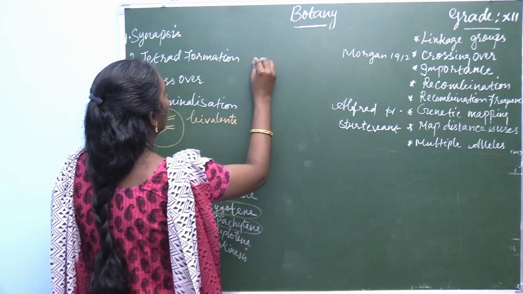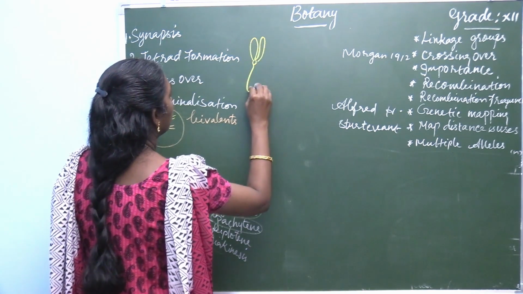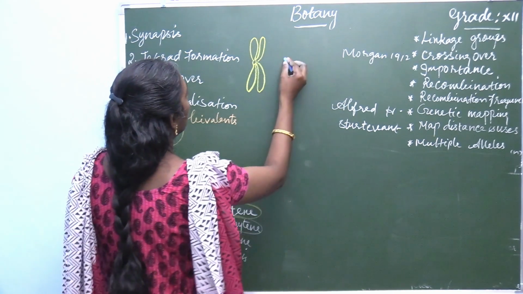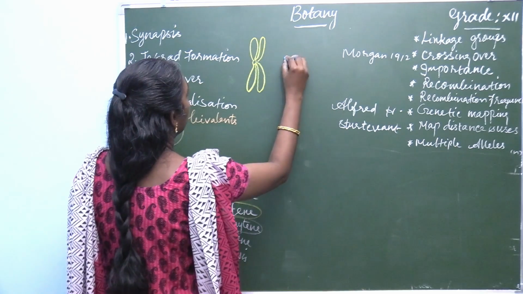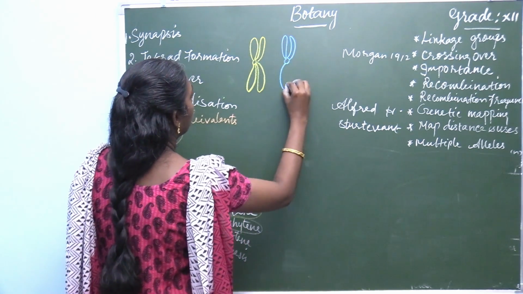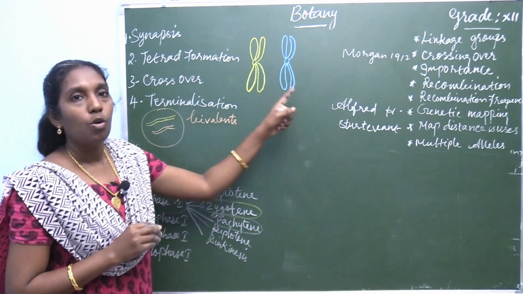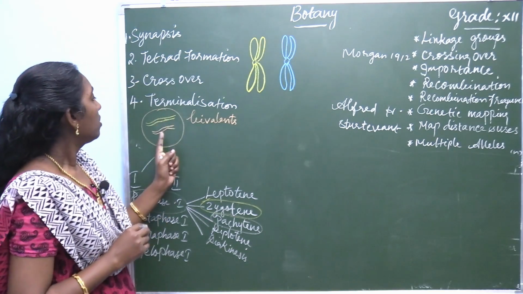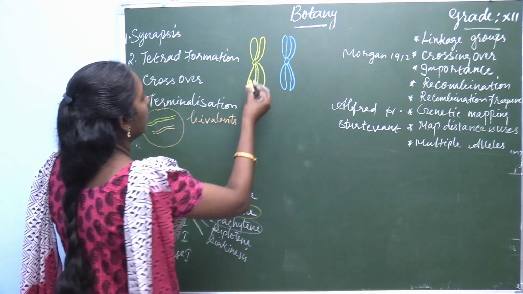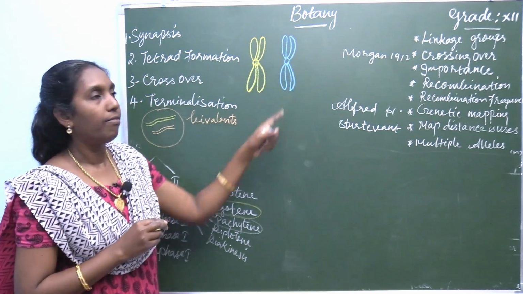This is one homologous chromosome, and this is another homologous chromosome. So this bivalent now becomes a tetrad, and 4 different chromatids are formed.